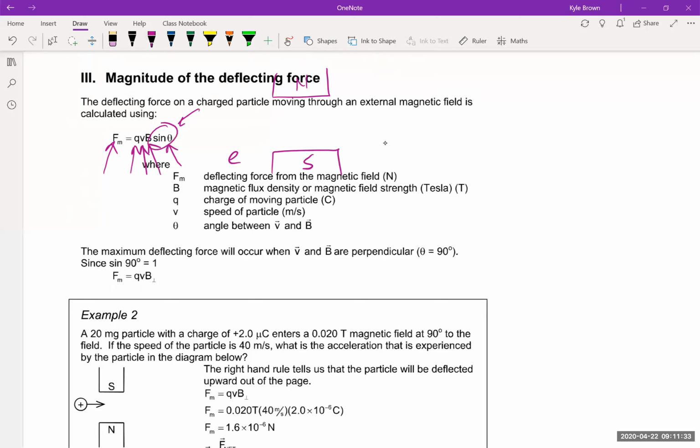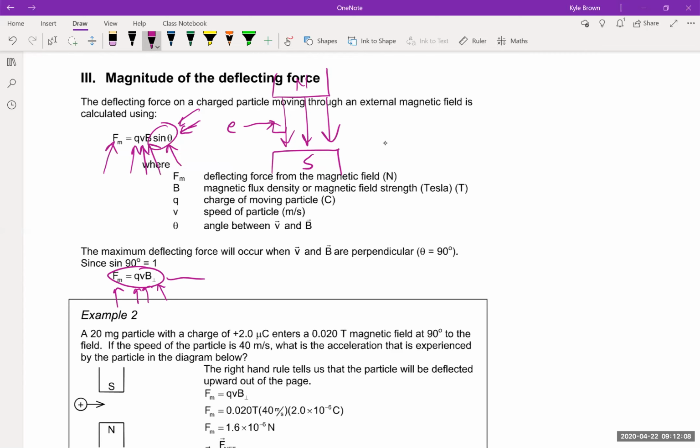But for the most part, if this particle is coming in a straight line, perpendicular to the magnetic field, then the angle there would be 90 degrees, and sine of 90 degrees is just 1. So our formula would simplify to this. This means the magnetic force is equal to the charge of the particle times the velocity times the perpendicular magnetic field, which just means 90 degrees for your angle.